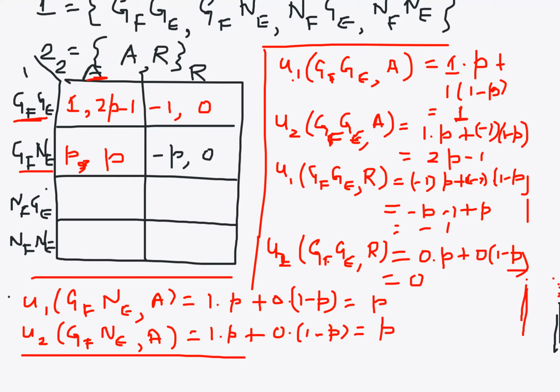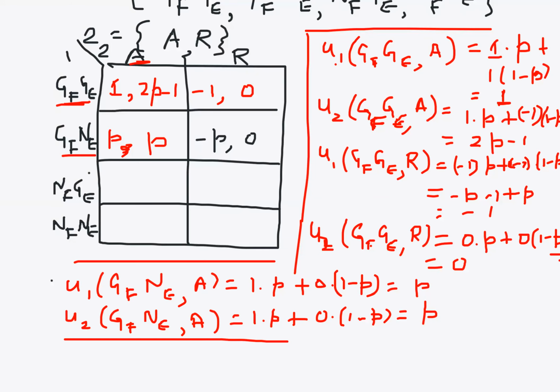All right, so NF, GE, so payoffs are 1 minus P and P minus 1 to player 2, and here P minus 1 to player 1, and 0 to player 2.